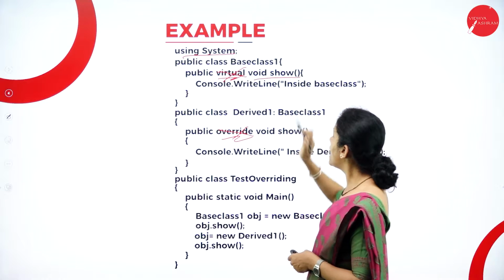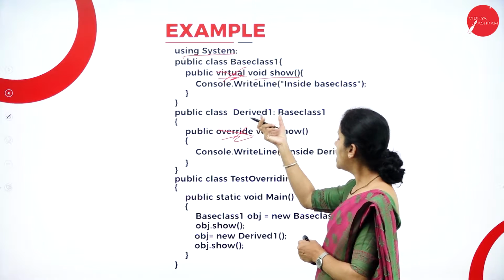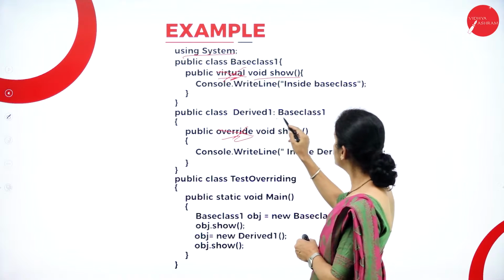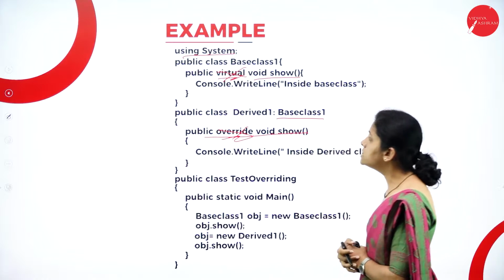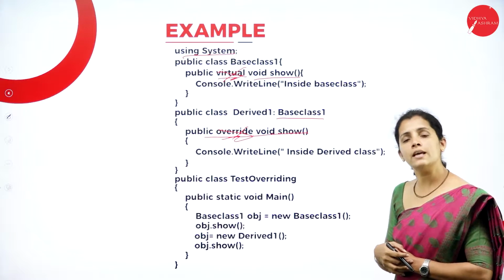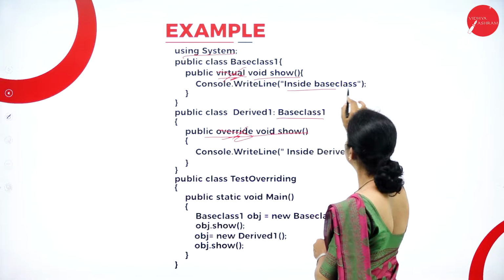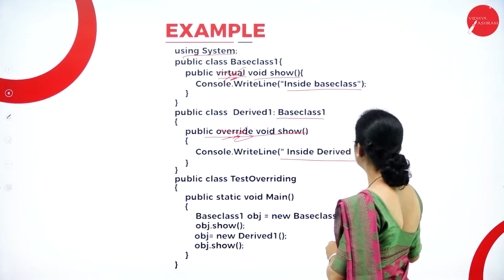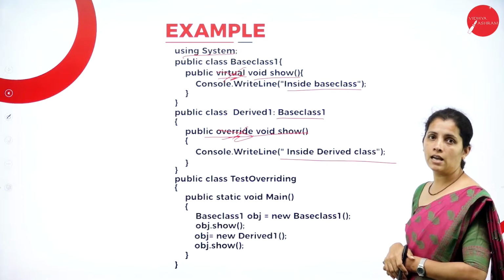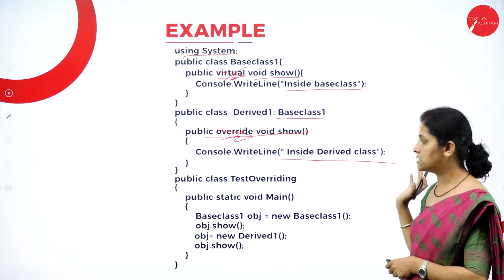Under this, I have a show function, and in the derived class, I'm going to inherit the features of the base class. Here also, I'm going to have the same method, so same signature. The message here is inside the base class, and here inside the derived class. So I have the same method in both the classes.